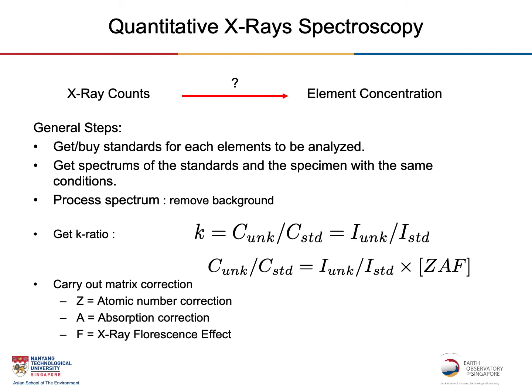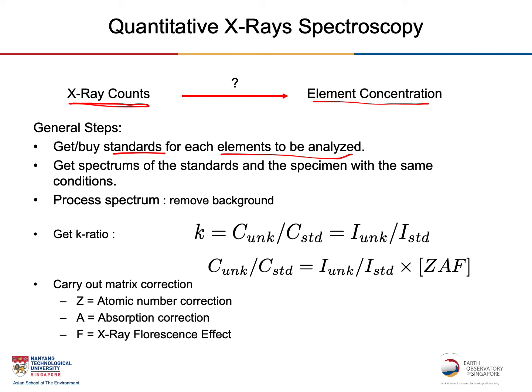The next aspect for the X-ray spectroscopy is the quantitative analysis. What I mean by quantitative here is how we change from the X-ray counts that we have from the measurement into element concentration. I will not discuss this much, but the main principle here is to use a standard material for each element that is being analyzed.